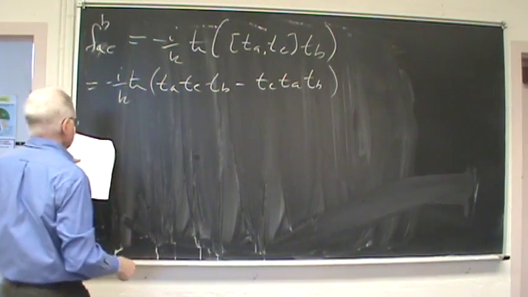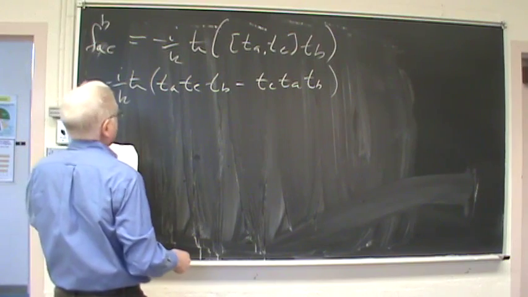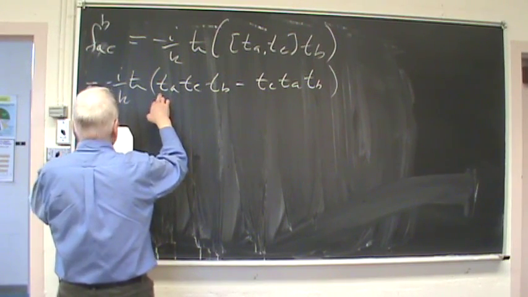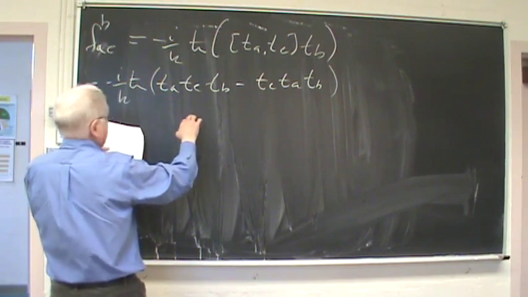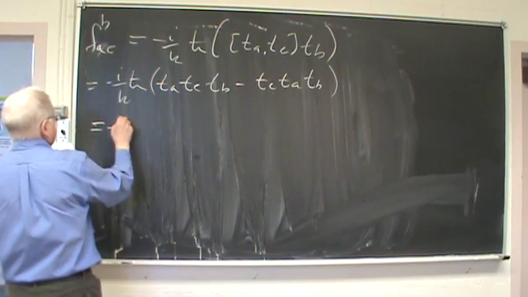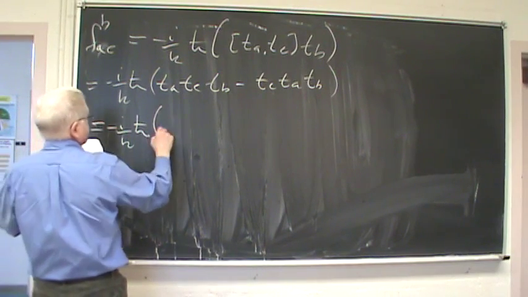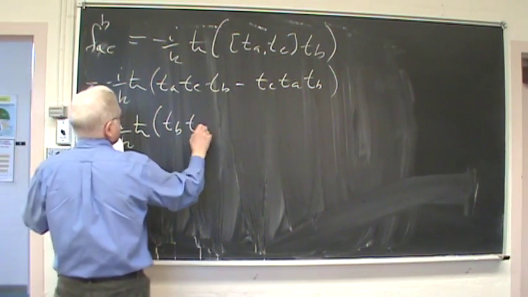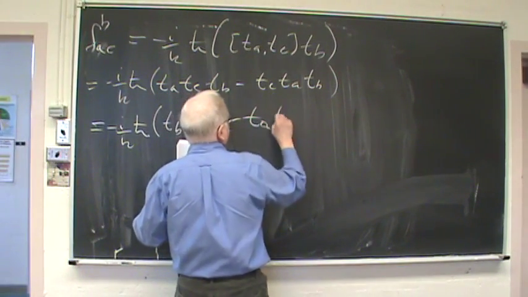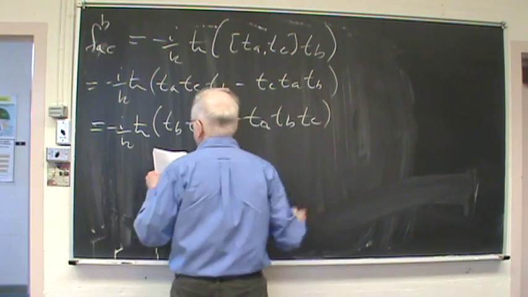And now what we can do is move the B forward here, and move the T_C back, and so we have minus i over k trace of (T_B T_A T_C minus T_A T_B T_C).